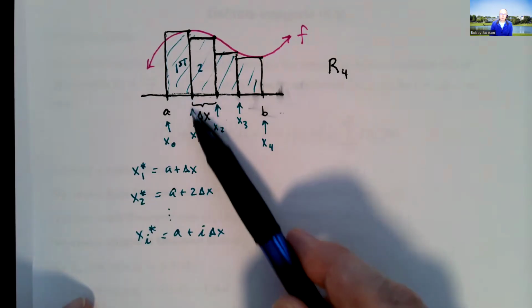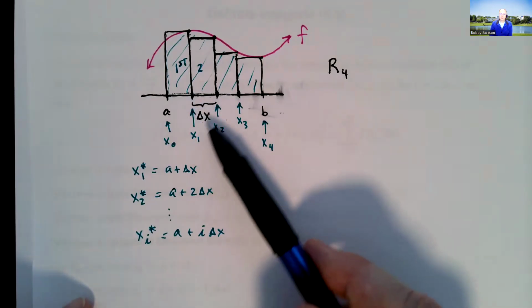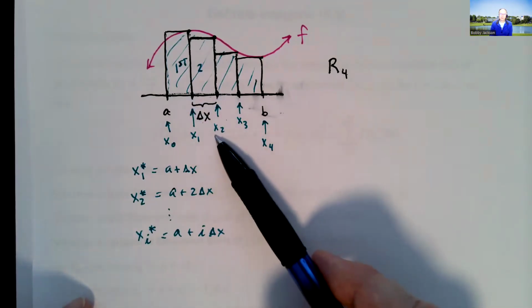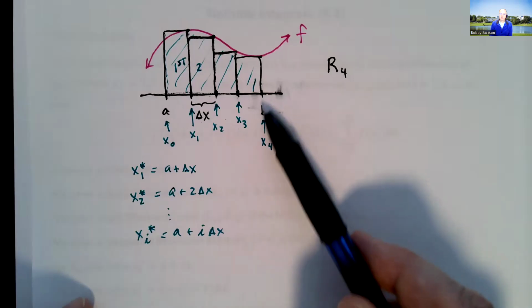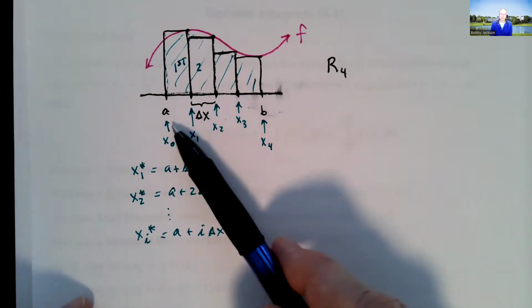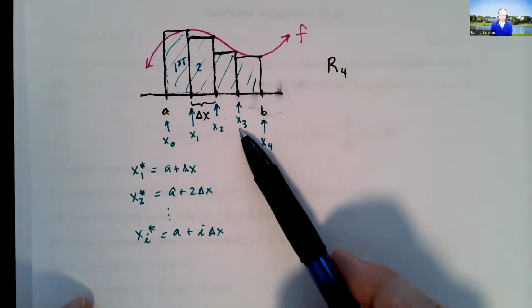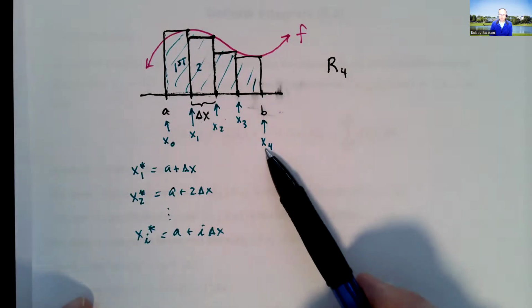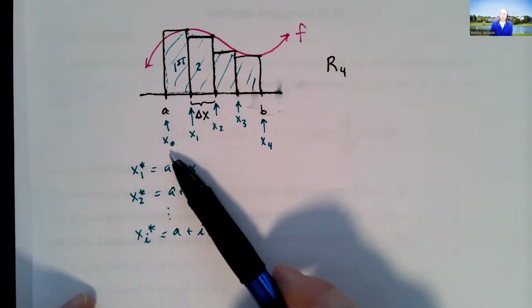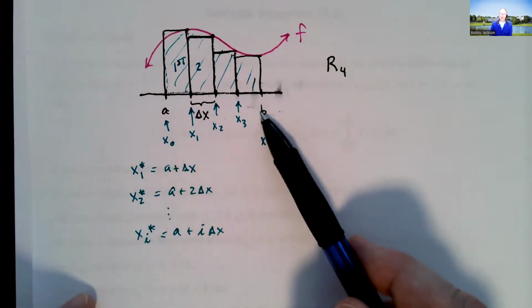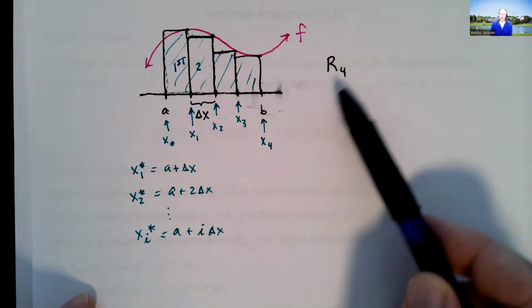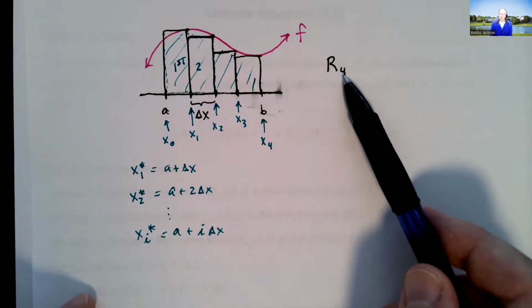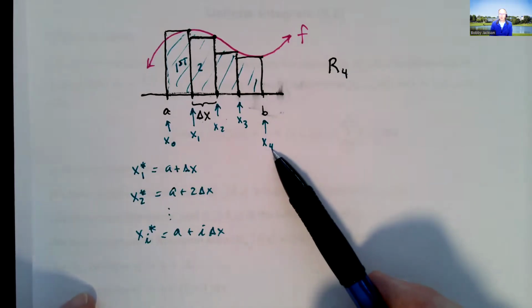The second grid point will be x sub 1. The third one will be x sub 2. The fourth one, x sub 3. I'm getting all tongue-tied here. But you see, we did that so that we end at b being x sub 4, right? If n is 4, we will always end with x sub 4.